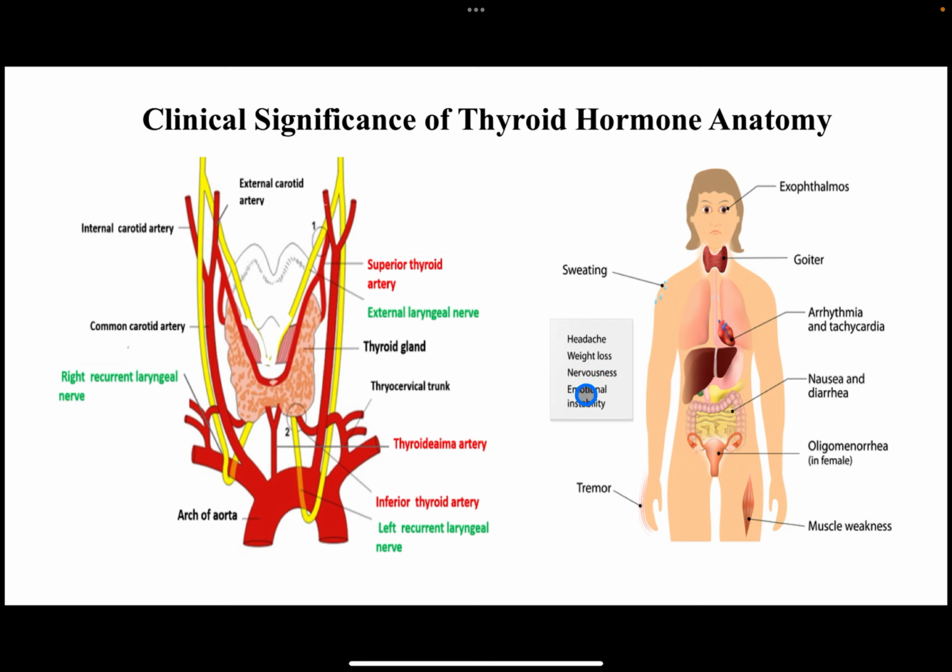The reason is that energy utilization in a patient with hyperthyroidism far exceeds the energy consumption, the energy derived from the food the person is taking in, because of the increased metabolic rate.